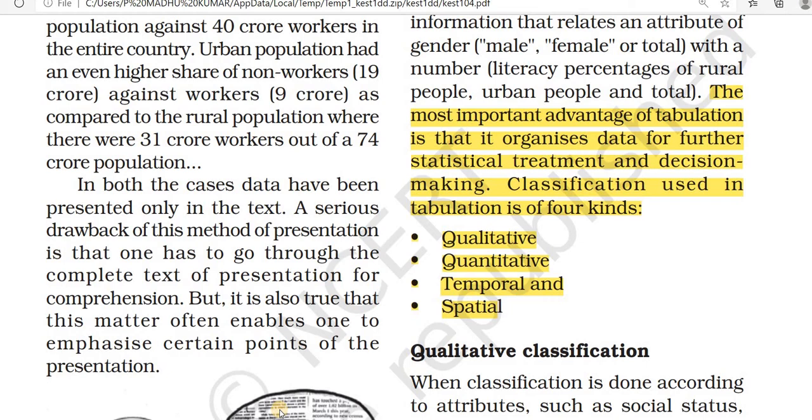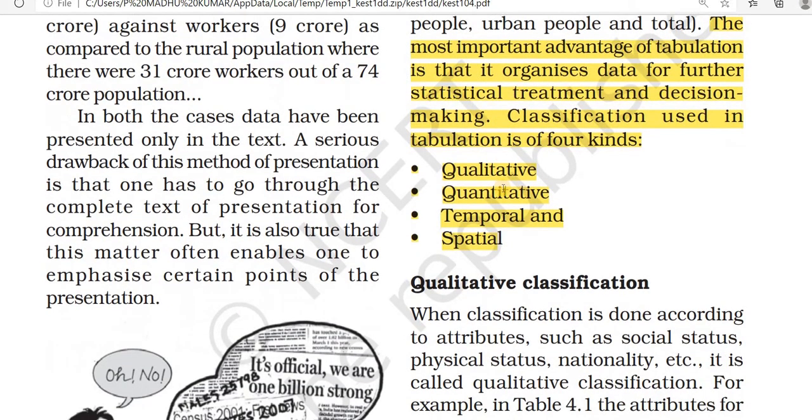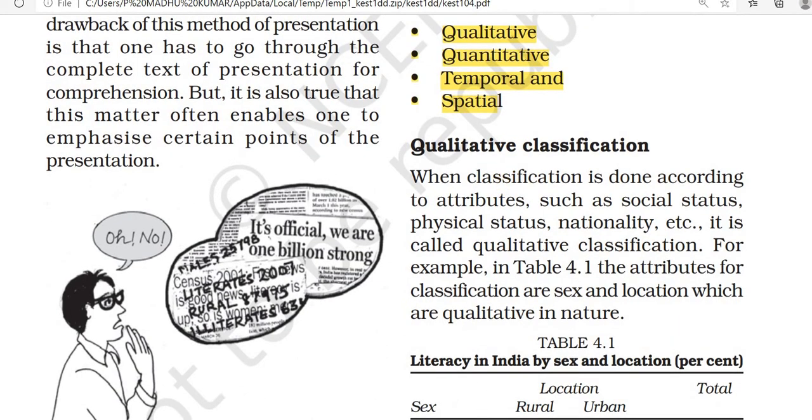First, what is qualitative classification? In qualitative classification, classification of data is done on the basis of attributes such as social status, physical status, nationality, region, like male, female.